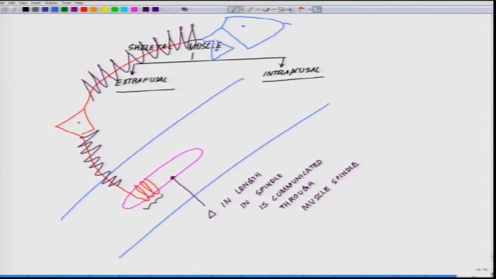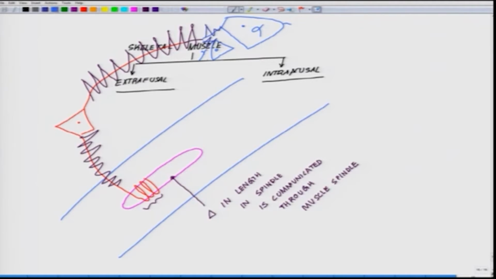There are two forms of motor neuron which pick up the signal from the sensory neuron. This is specifically true for the stretch reflex. There are situations where you do not need two motor neurons, but in the stretch reflex there are two motor neurons. One is called the alpha, the other one is called the gamma. The signal coming here splits up, synapsing onto two different motor neurons like this and like this.